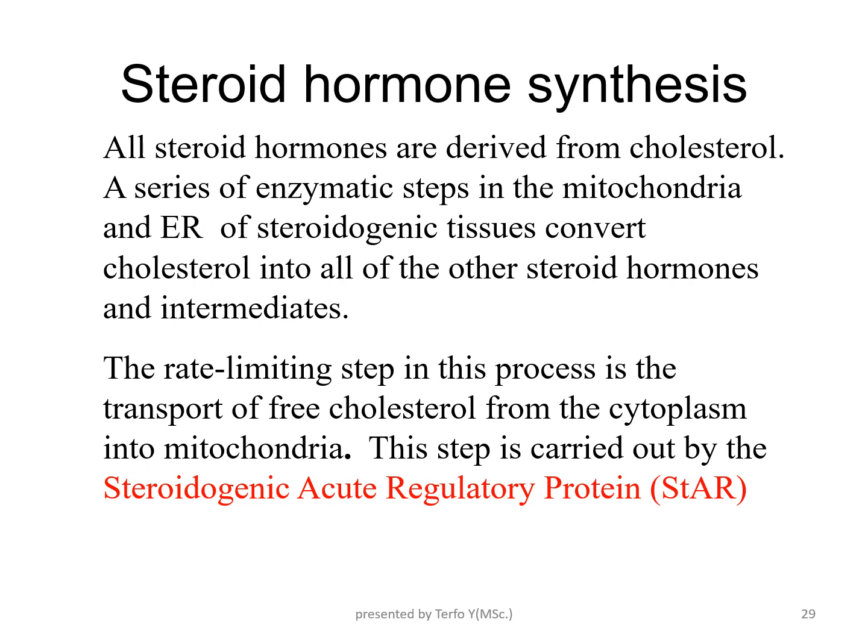In steroid hormone synthesis, all steroid hormones are derived from cholesterol, as we mentioned in the previous slide. A series of enzymatic steps in the mitochondria and the endoplasmic reticulum of steroidogenic tissue convert cholesterol into all of the other steroid hormones and intermediates. The rate limiting step in this process is the transport of free cholesterol from the cytoplasm to the mitochondria. This step is carried out by the steroidogenic acute regulatory protein, StAR for short.